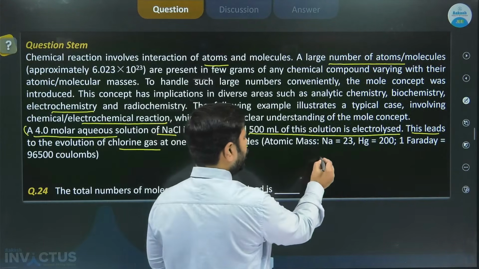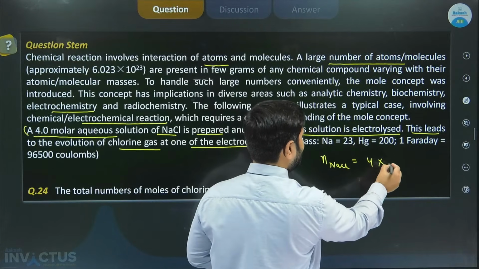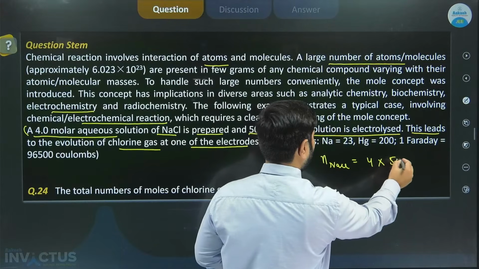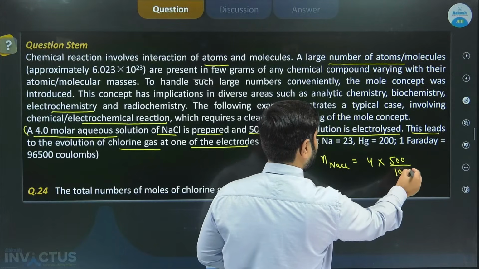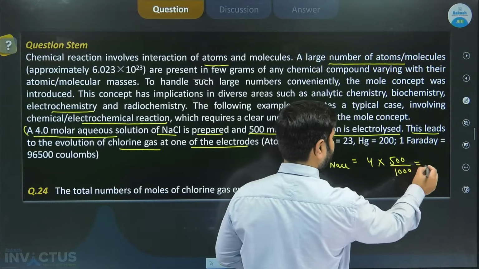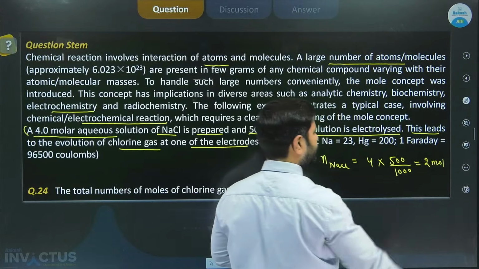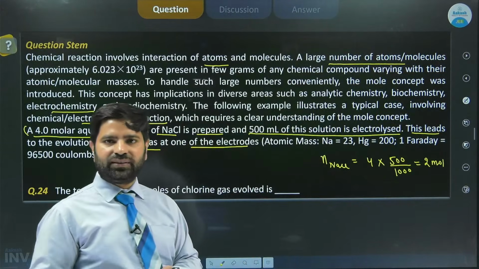So moles of NaCl given is molarity into the volume. Volume I am converting into liters. So how many moles of NaCl are there? That is 2 moles. So 2 moles of NaCl is given to you.